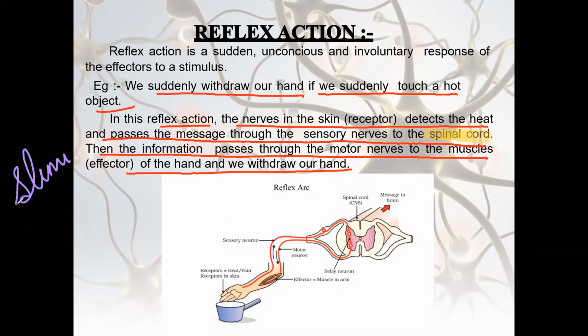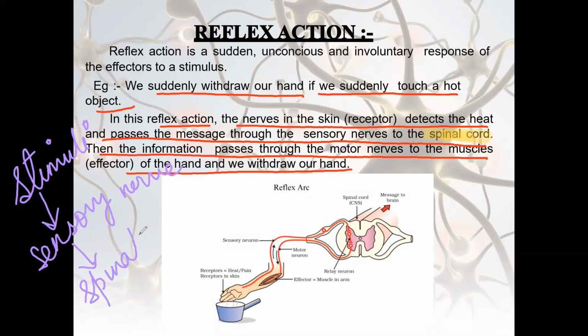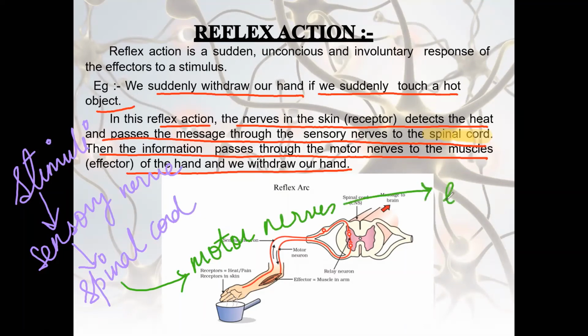Stimulus, sensory nerve reaches to the spinal cord. Now the spinal cord will give the command through the motor nerve to the effector.